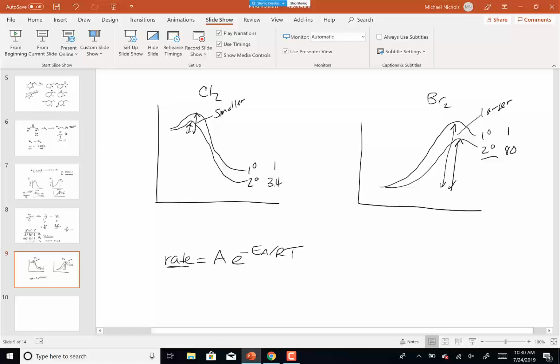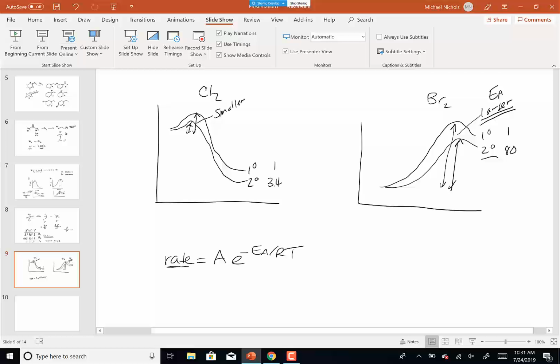So the reason that bromination is more selective is because it's endothermic and the differences in the activation energies are larger. And at 25 degrees Celsius, it's enough to make those barriers pretty significant. So tertiary, 1,700 times faster. Secondary, only 80 times faster. But compared to chlorination, where you've got small barriers, and 25 degrees is a lot of energy to do that, it's going to go over the barriers at faster relative rates.